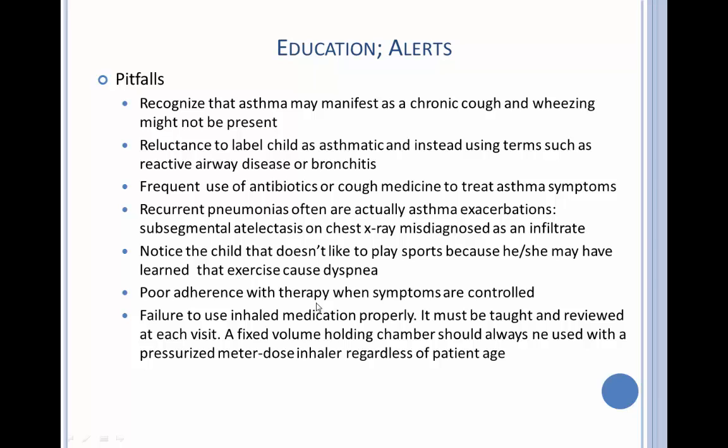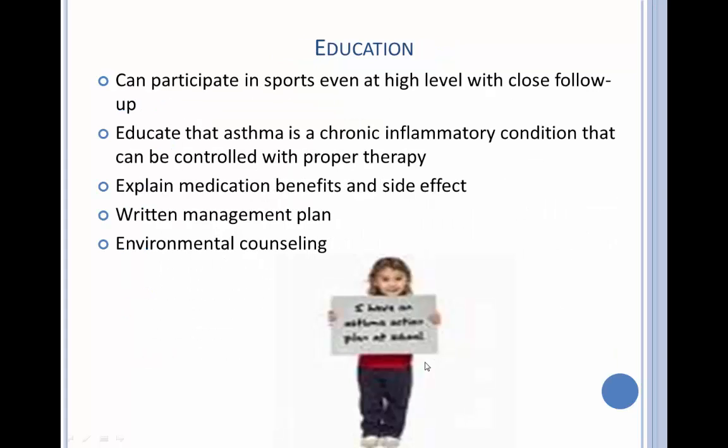Try to educate them about poor adherence, and also the proper use of inhalers. They can participate in sports. Educate them that this is a chronic condition, explain the benefits and the side effects of all the medications, and try to make a plan in writing.